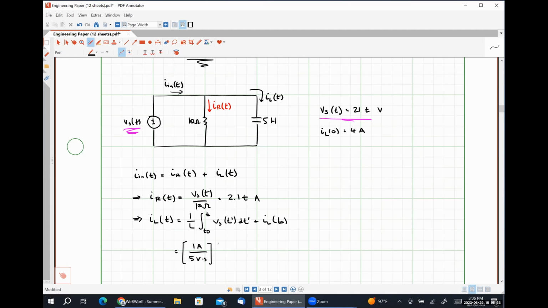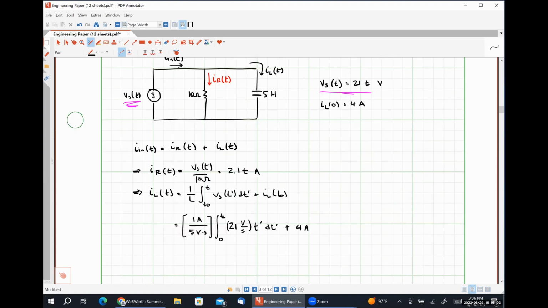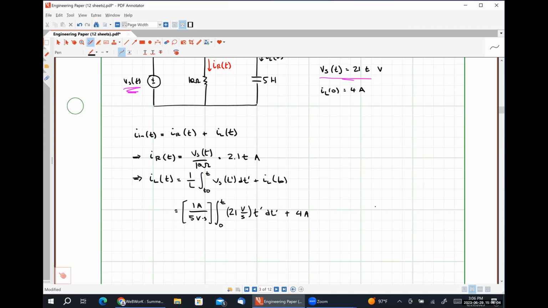I'm going to be integrating from 0 to t of 21 volts per second. So these are some of those implied units again. t prime dt prime plus 4 amps.